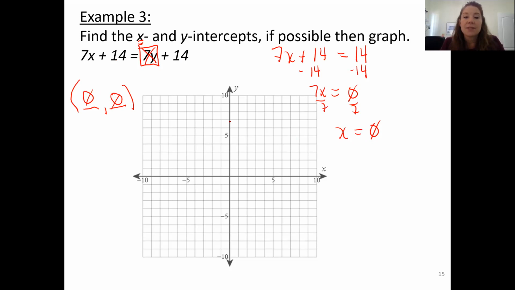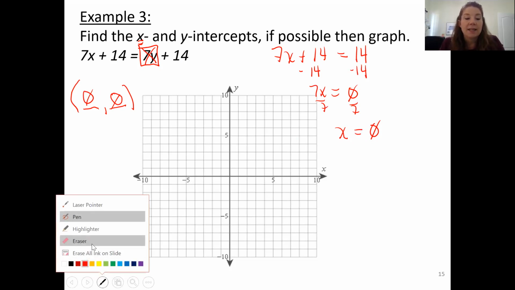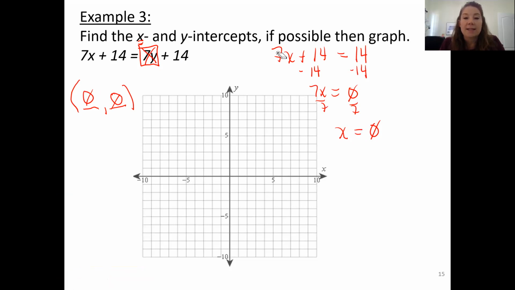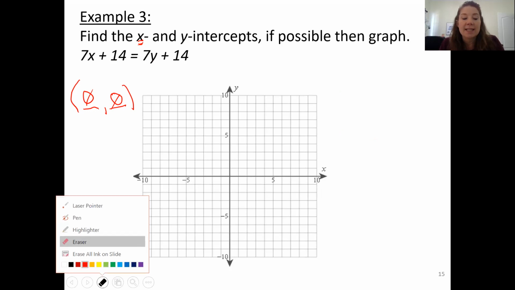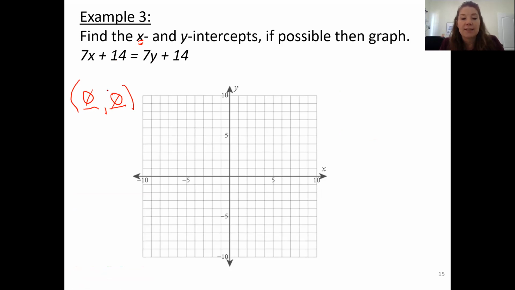Now this one is a little strange because I know that when x is 0, y is 0. So if I found the y-intercept and I made x equal 0, well, y will also still be 0. So that means the x and y intercept is the origin, 0, 0.